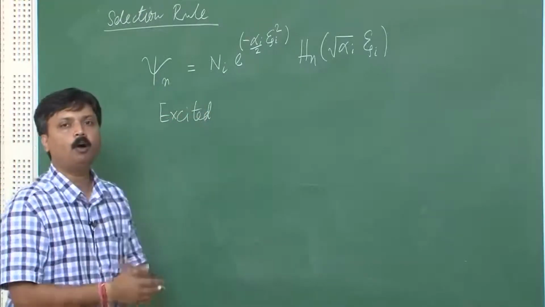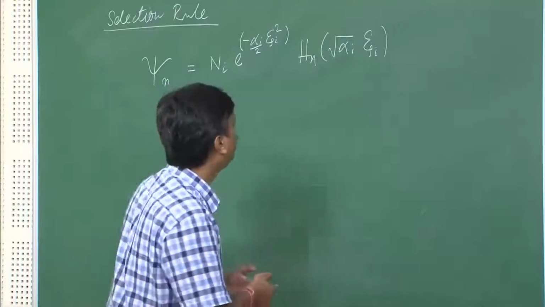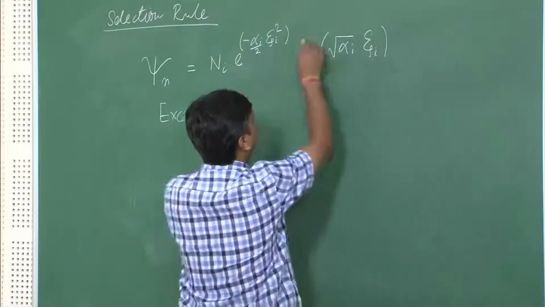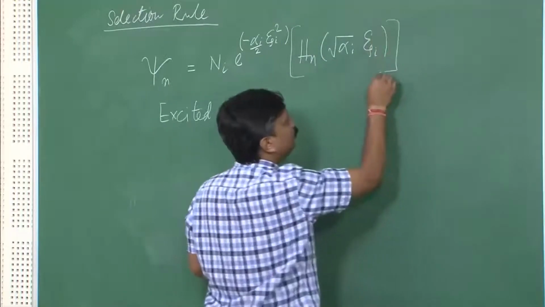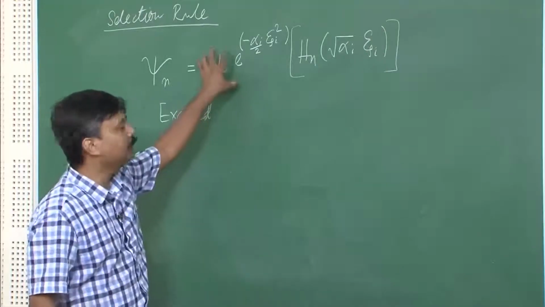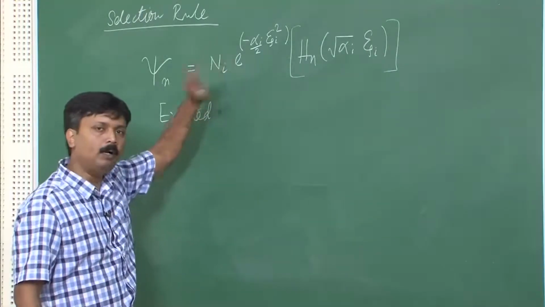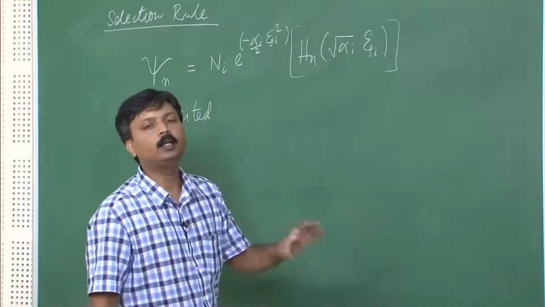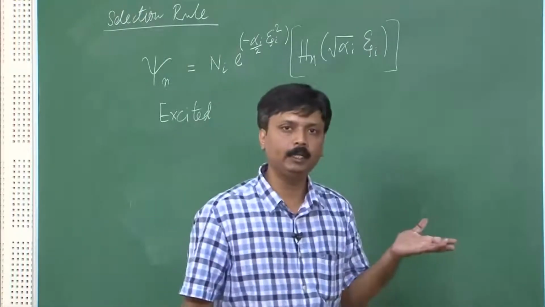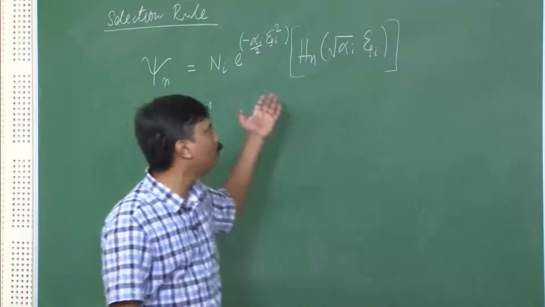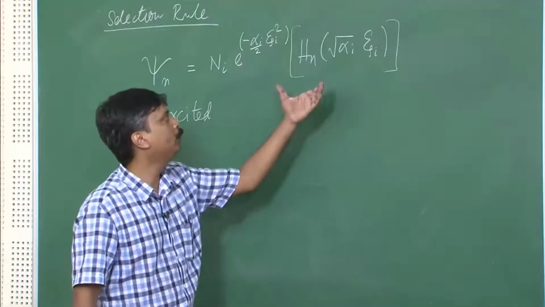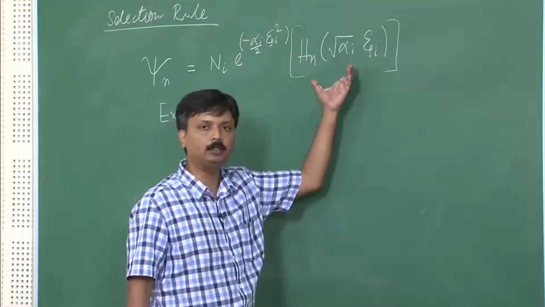The symmetry of the excited state will be governed by this part. Why? Because we have just seen that this part, no matter what, always will be transforming as the totally symmetric irreducible representation. So, I am not bothered about this part anymore. I have to take care of this particular symmetry.